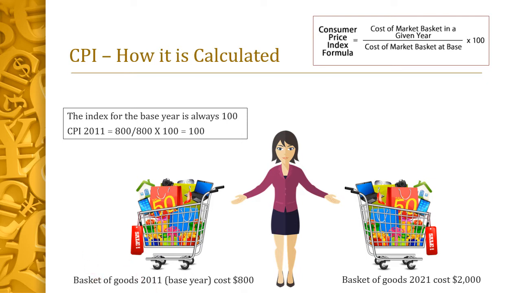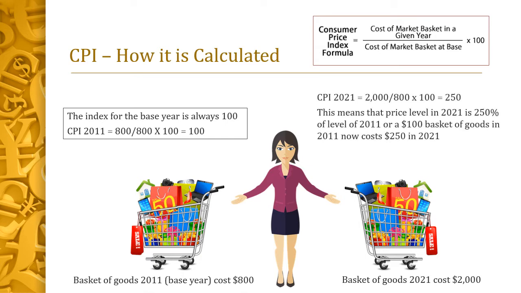But continuing on with this one, we want to figure out what the CPI is for 2021 based on 2011 prices. What we're going to do is take the formula and fill in the numbers. So we know that it costs $2,000. That's the given year right here, $2,000. And we're going to divide it by the base. The base was 800 because we're using 2011.